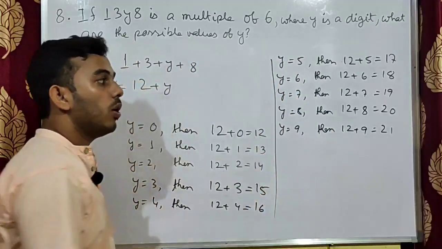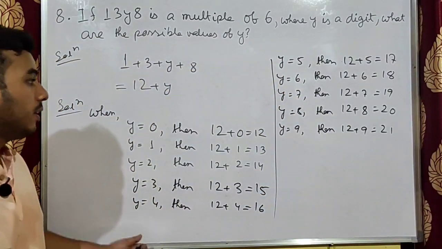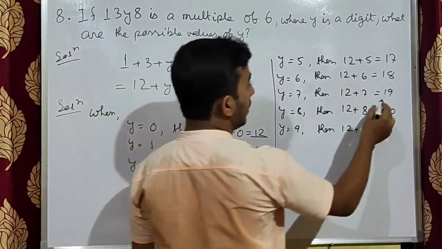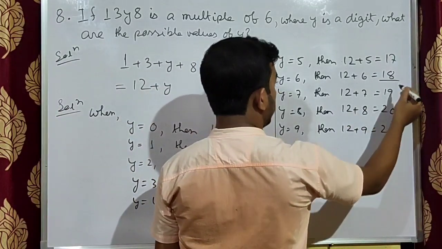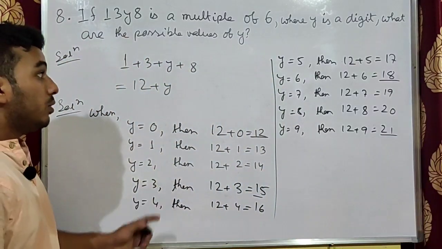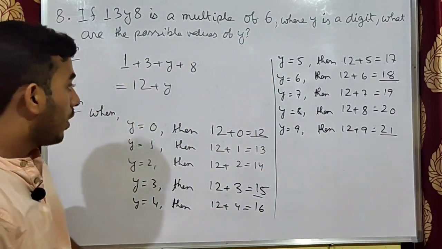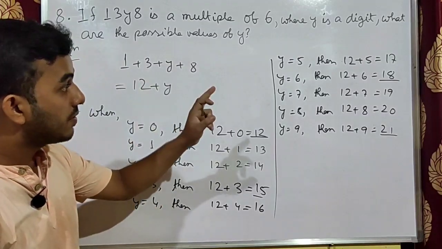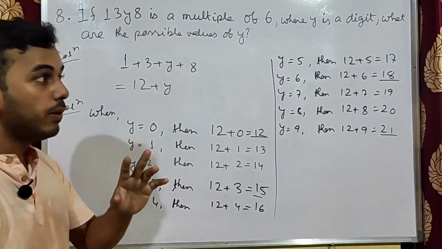Now we have to look which numbers are divisible by 3. 12 is divisible by 3, 15 is divisible by 3, 18 is divisible by 3, 21 is divisible by 3. So the values of y will be 0, 3, 6 and 9. There are 4 values of y, right?